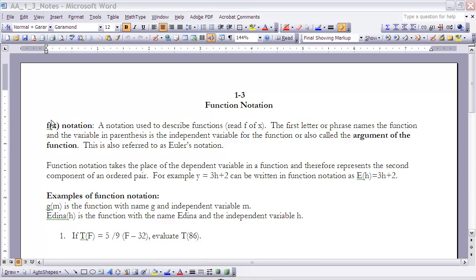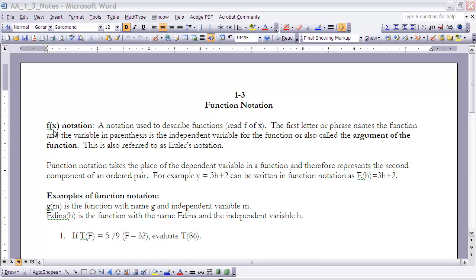The first letter or phrase names the function, and the variable in parentheses is the independent variable for the function, also called the argument of the function. This is also referred to as Euler's notation. Okay? So function notation and Euler's notation mean the same thing.